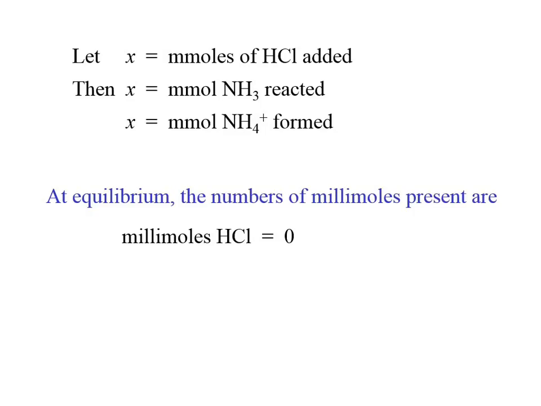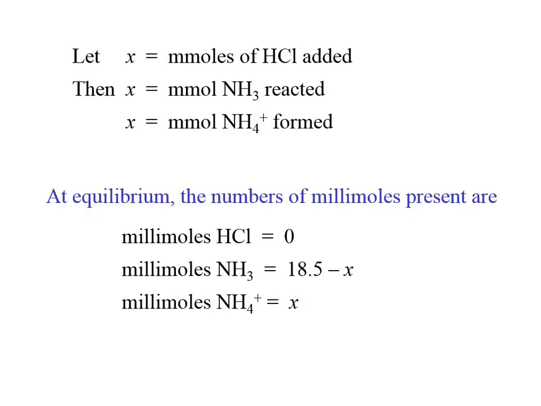No more HCl left. That's kind of the point of it. The millimoles of your NH3 that remain will be what you started with, 18.5 minus X. It looks like it should be an ice table, but I still don't think it's an ice table. And then, of course, the amount of NH4+ formed will be equal to X.